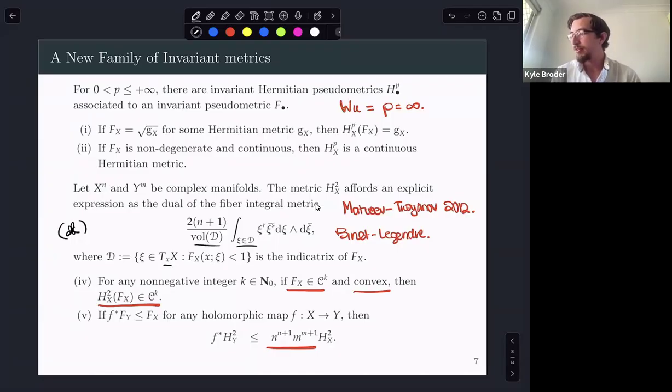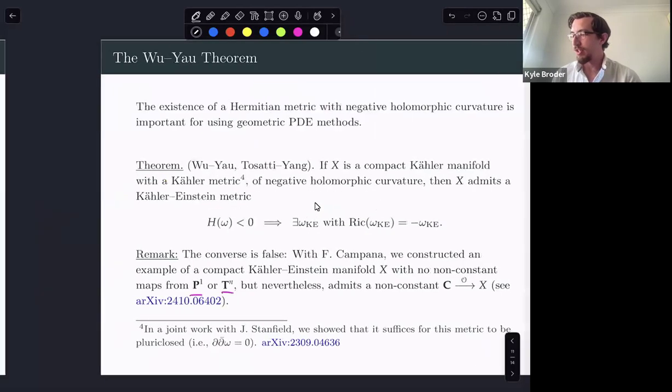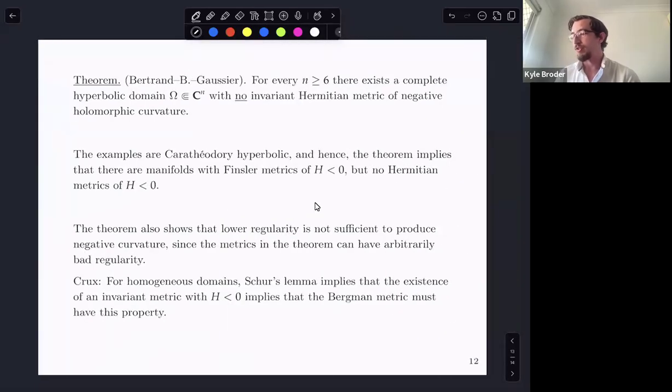So I began to ask myself how I could deduce properties of the curvature without doing any calculations at all. One way of doing that is that since the metrics are invariant, one can use, for instance on homogeneous domains, Schur's lemma to show that when you split it up into these summands, your metric will have to be a scalar multiple of Bergman metrics on each of these pieces.